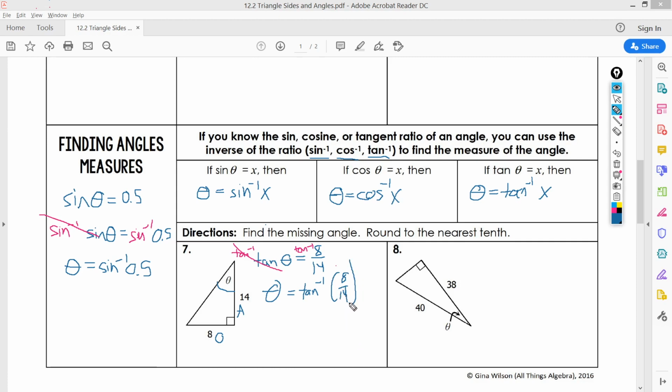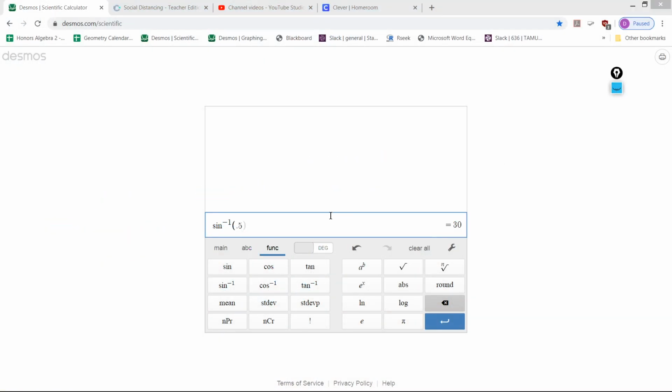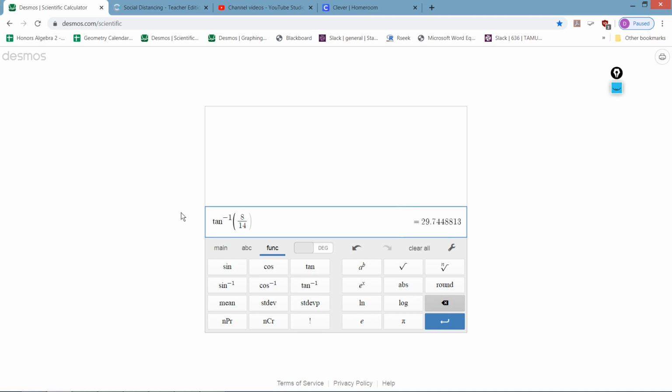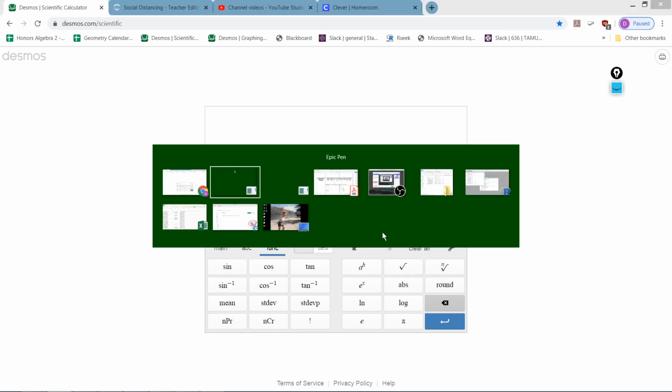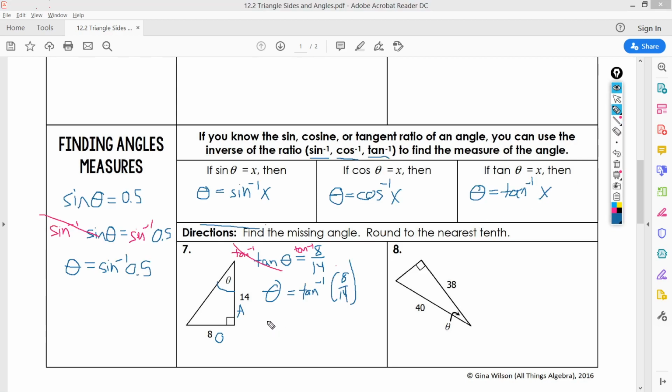So if I type that into Desmos, inverse tangent of 8/14, and you see that's 29.7. Okay? So theta equals 29.7 degrees. So that's not too bad.